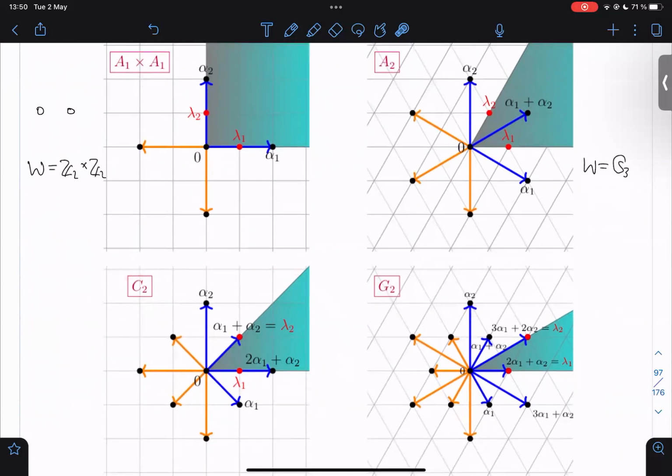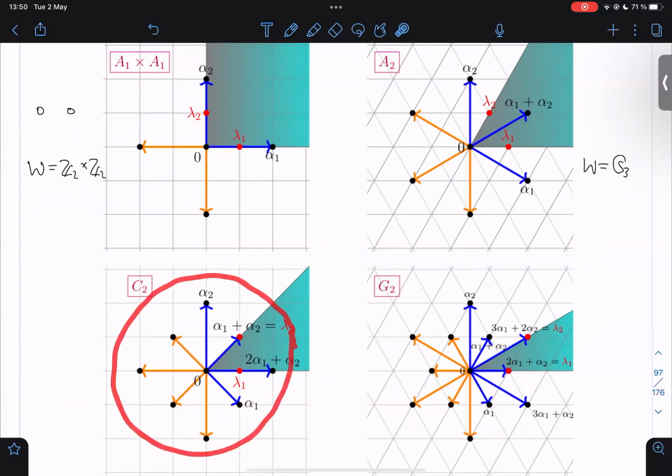So what we're going to do is that for any root, we're going to consider the corresponding wall, and we're going to intersect it with some fixed sphere. So I'm going to take a sphere, let's say that one, and intersect it with one of these walls.